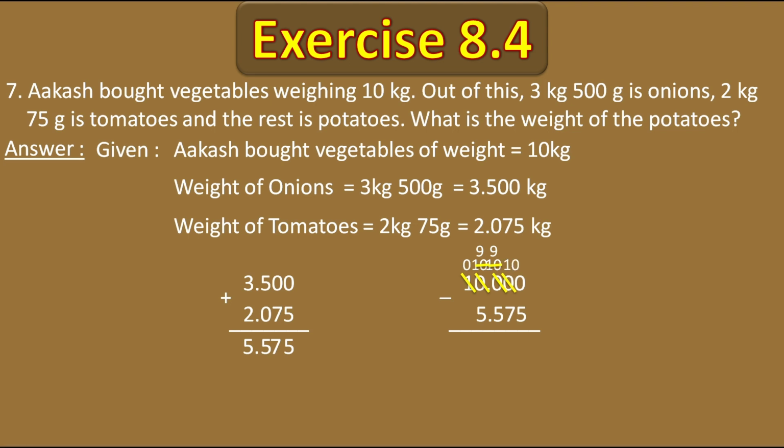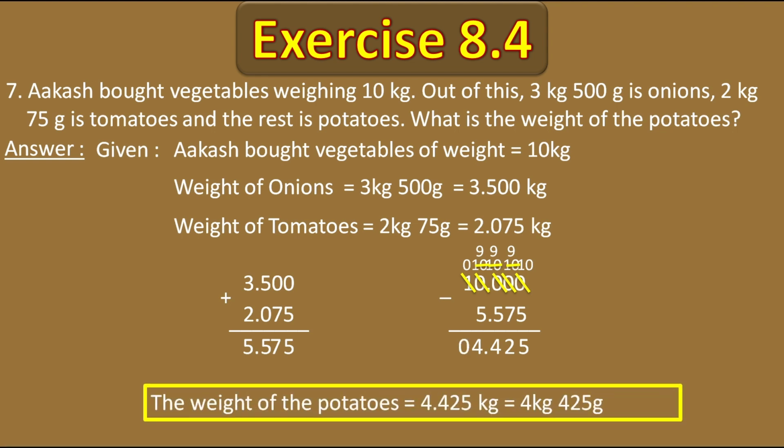In the same way the last 0 became 10. So 10 minus 5 is 5, 9 minus 7 is 2, 9 minus 5 is 4 and 9 minus 5 is 4 and 0 will come down. So the weight of potatoes is 4.425 kg, means 4 kg 425 gram.